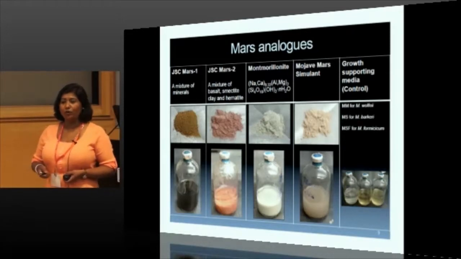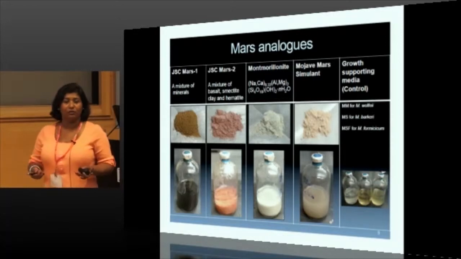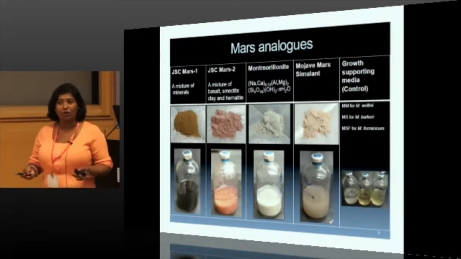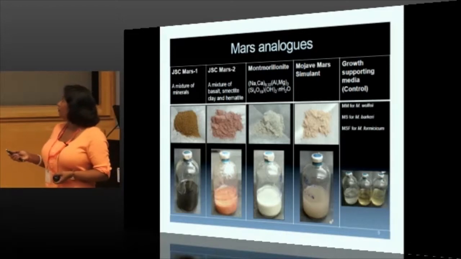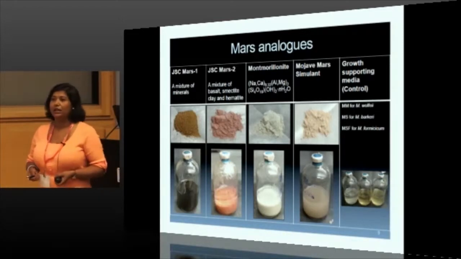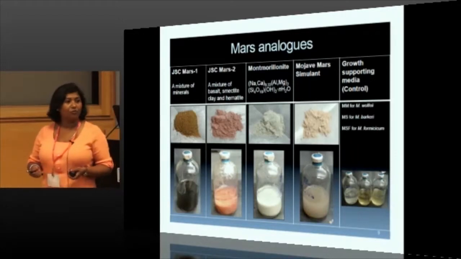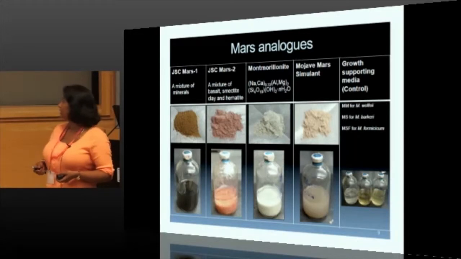For control, we used growth-supporting media, which we usually use to make stock cultures. We used three different types of media: for Wolffii, for Barkeri we used MS, and for Formicicum we used MSF.